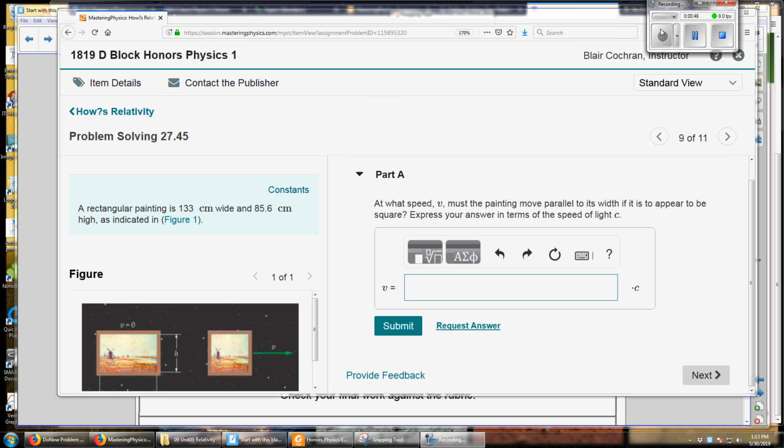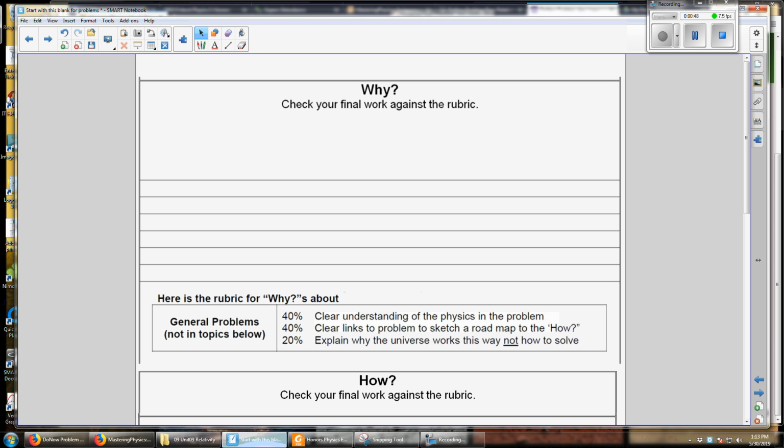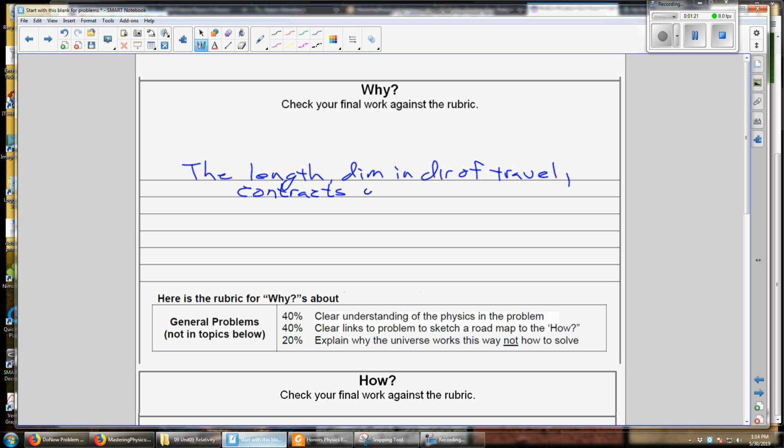All right, so let's do the why first here for number 9, which would be: the length, which is the dimension in the direction of travel, contracts when in motion.